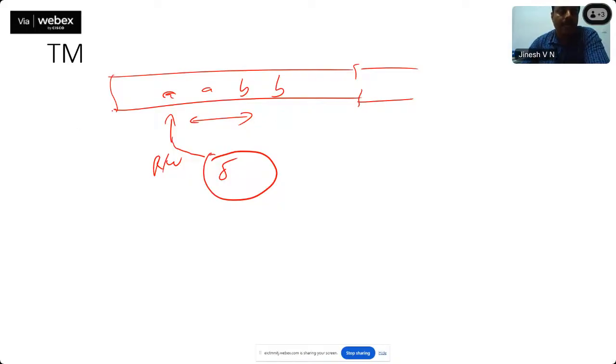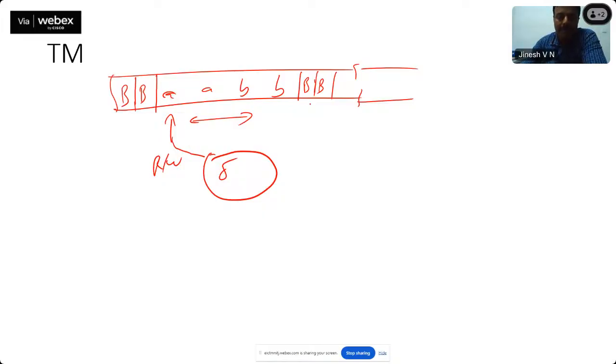Only the thing here, you will not have a boundary for your string. In the previous case, you have the boundary, but here we have one additional thing, that is empty locations. We have to represent them using some symbol, a blank symbol. Suppose I am using capital B as the blank symbol. So your machine will read from one side to the other side.